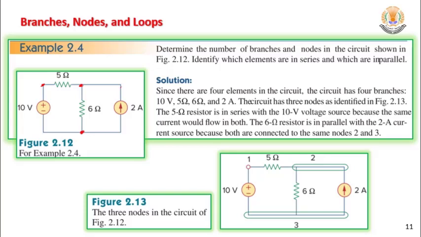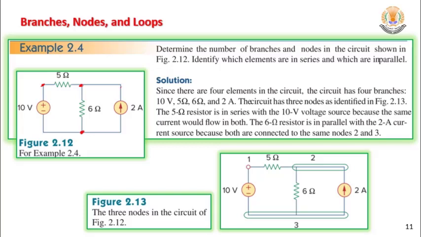What is next? Identify which elements are in series and which elements are in parallel. Series means again they will have a common node and the current will be the same. Parallel connection means they will have 2 common nodes and the voltage will be the same. So again, which elements here are in series and the others in parallel?